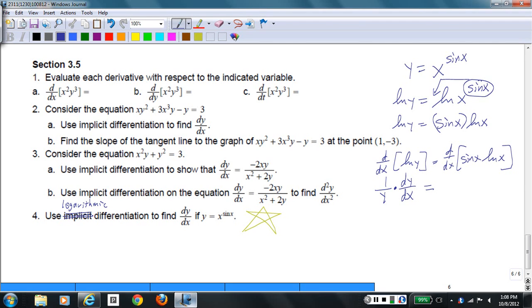The right-hand side, we have a product. We want to find the derivative of sine x times natural log of x. So when we want to find the derivative of a product, what rule do we use? The product rule.